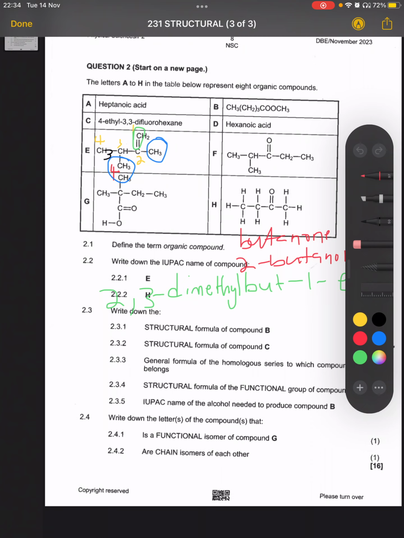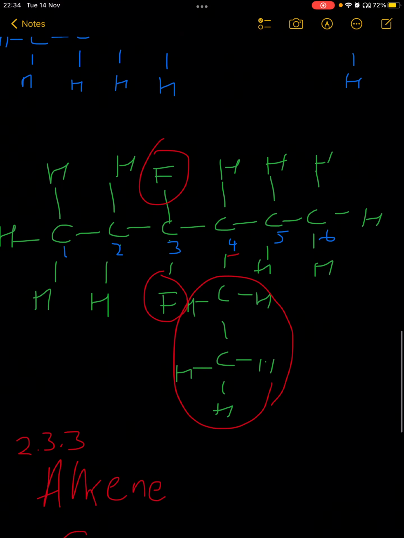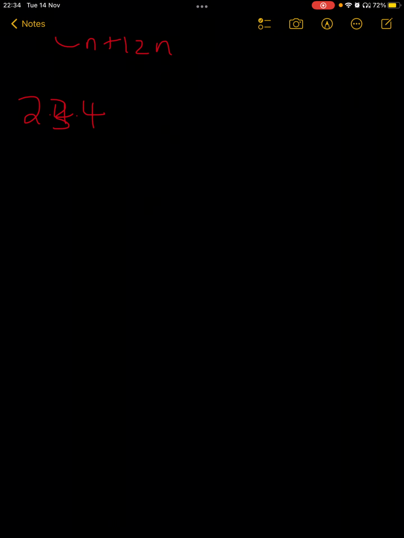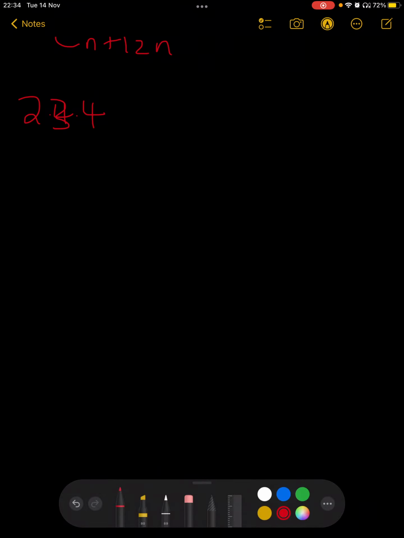Right. Compound F has a carbonyl or formyl group that is attached to two carbons here, which makes it a ketone. And the structural formula of a ketone is, go back, so a ketone, that will be a C double bond attached to C and C. That's the structural formula of the functional group.